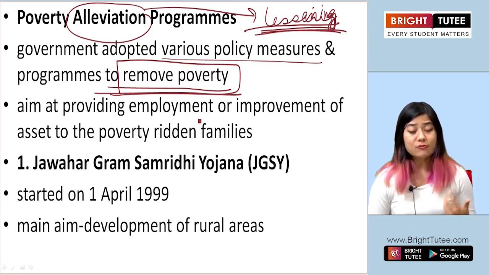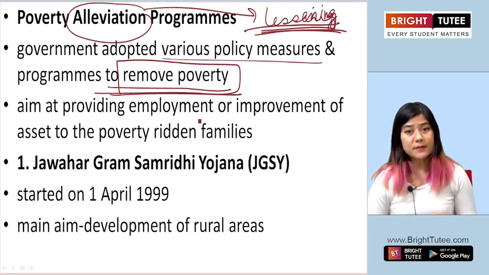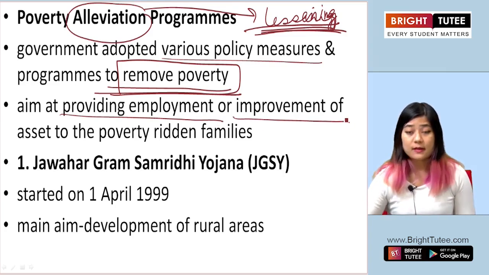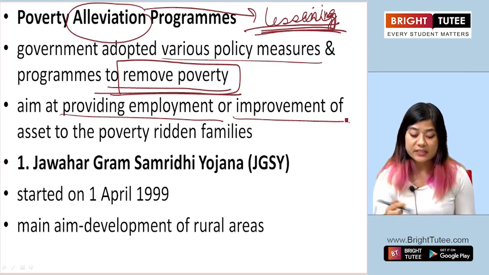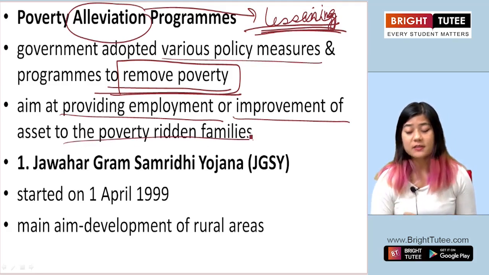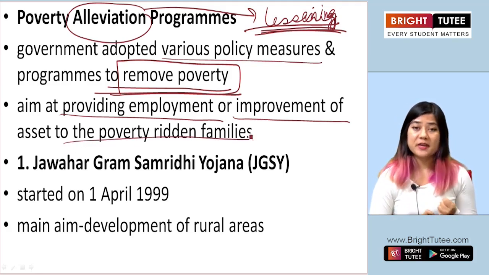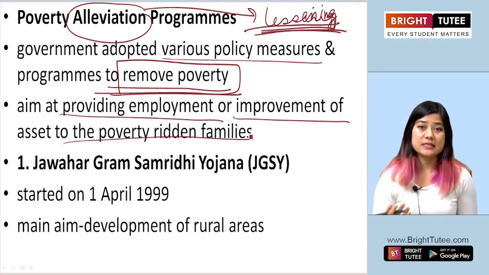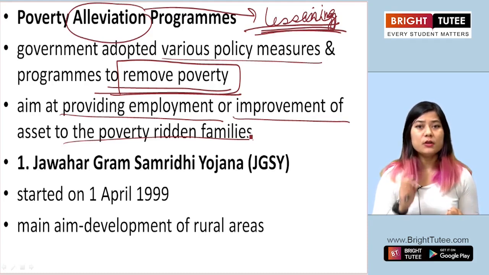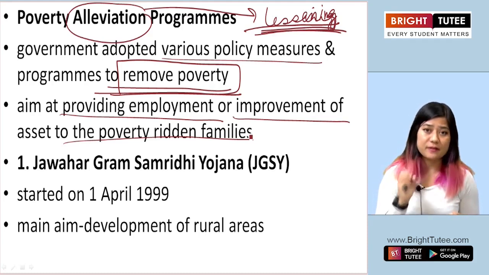And how does the government do that? The government tries to do that by aiming at providing employment for the people, or by aiming to improve the assets of the poverty-ridden families. So the government tries to make sure that job opportunities are abundantly available for people to take benefit of.